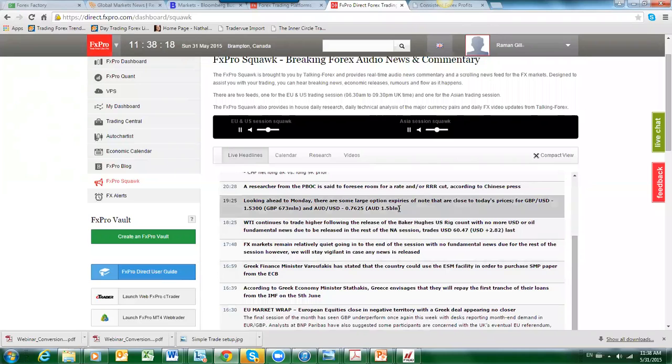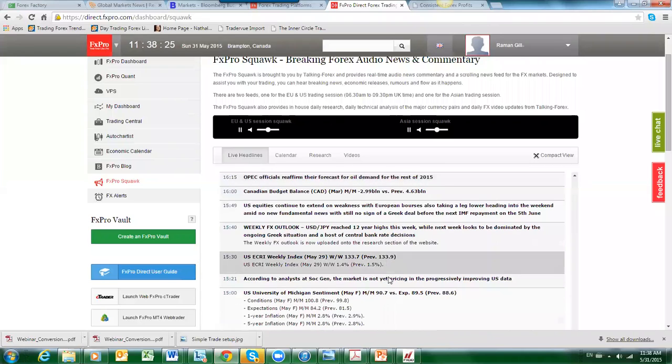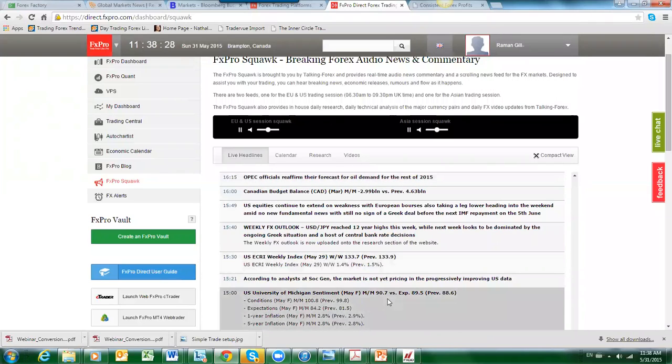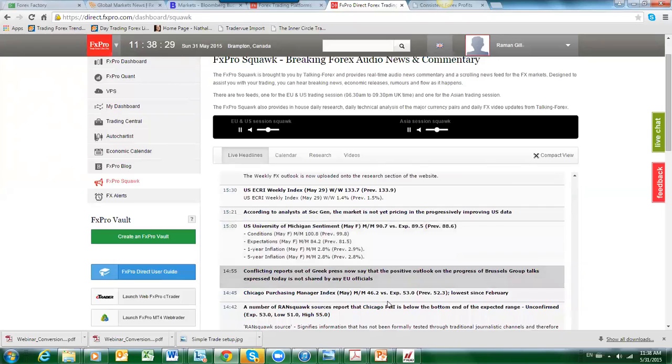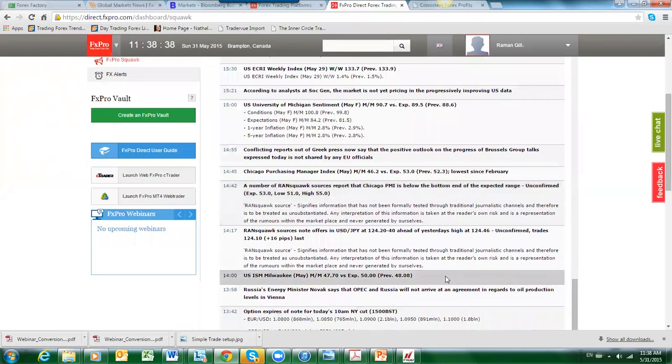And we take a look at options expiries, because sometimes that impacts the price. And then sometimes they'll talk about where bids and offers are. We can see these on the charts as well, but it is good. Again, I like multiple confirmations, multiple things coming together. So we take a look at here, for example, this is nice. Offers in dollar yen at 24.20 to 20.40 level.